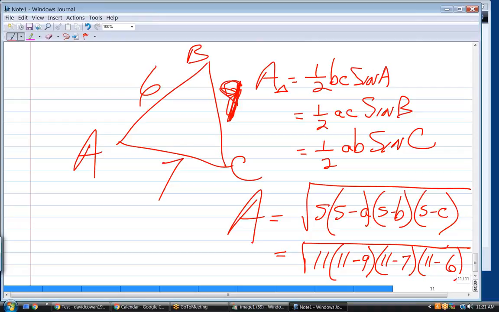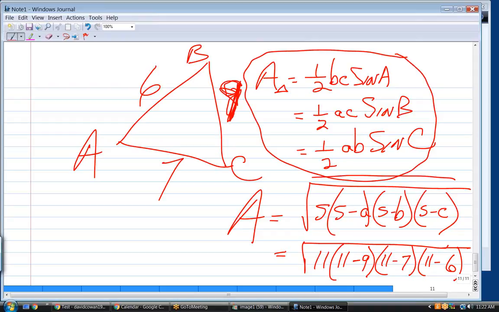It's interesting, I hadn't thought about it before, that these area formulas are all done when you have to use the law of cosines with side, angle, side. This area formula is done when you would have had to use the law of cosines with side, side, side. And those are the only two situations where you have to use the law of cosines.